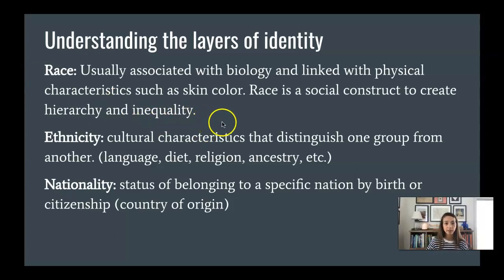And then inequality. Ethnicity, cultural characteristics that distinguish, so think about distinguish as difference, separates one group from another. Nationality, status of belonging to a specific nation by birth or citizenship. Okay. And there's 2 more after this.